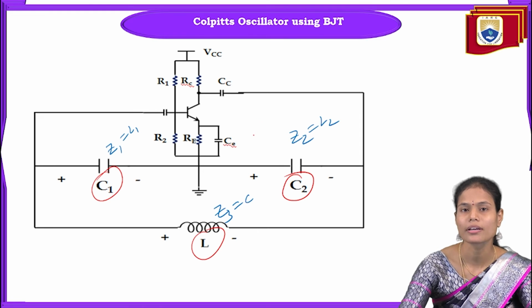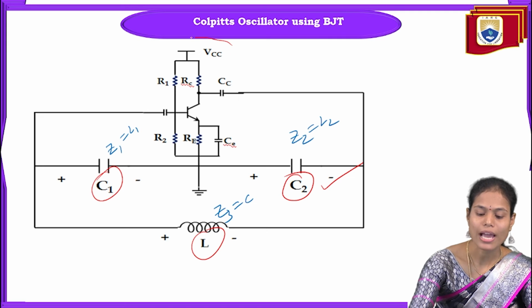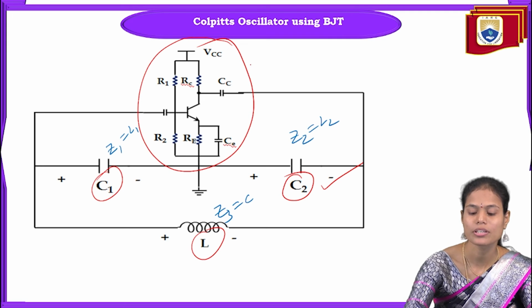That is, instead of two inductors we are taking two capacitors, and instead of one capacitor we are taking one inductor. The amplifier circuit remains as it is, and it provides the 180 degrees phase shift with the gain.